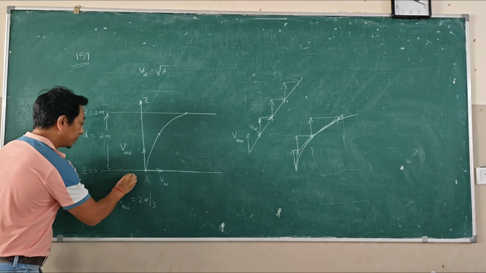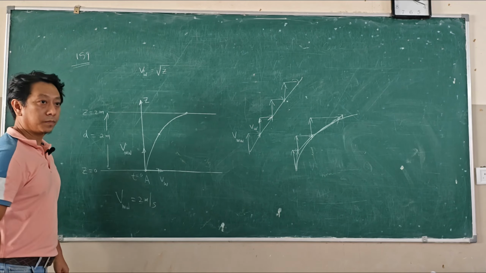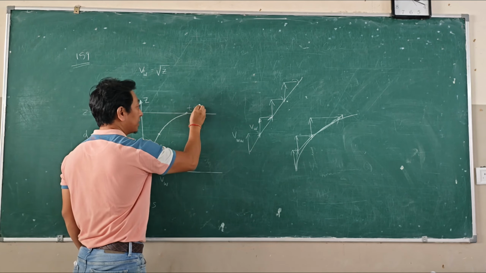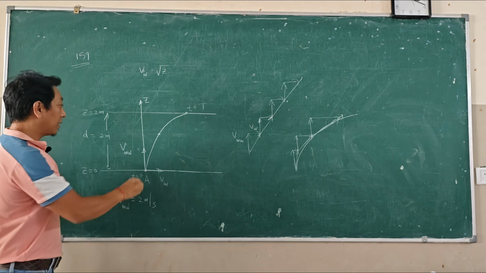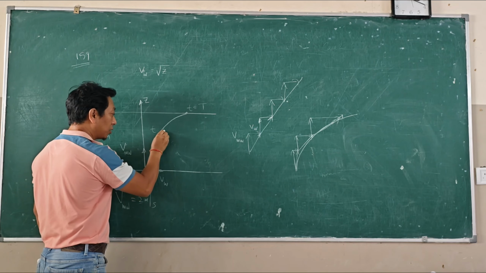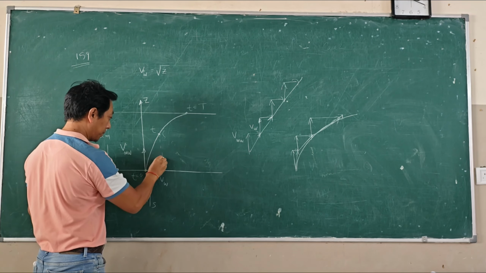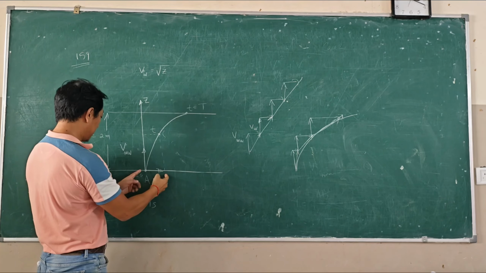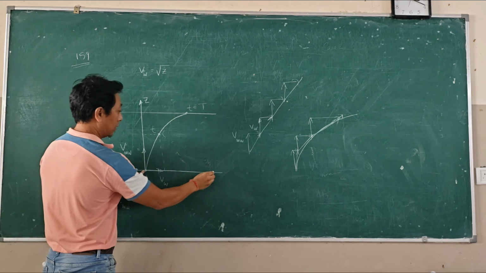This is time 0. This is time taken to cross, let's say capital T. At time t you are here. That time what is your coordinate? This will be x comma z. Okay.